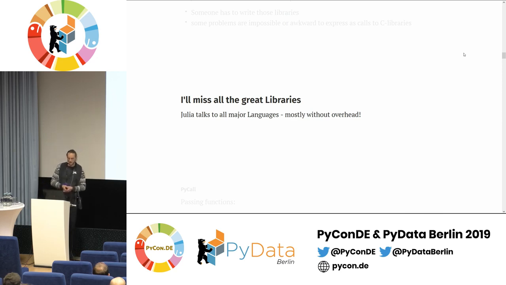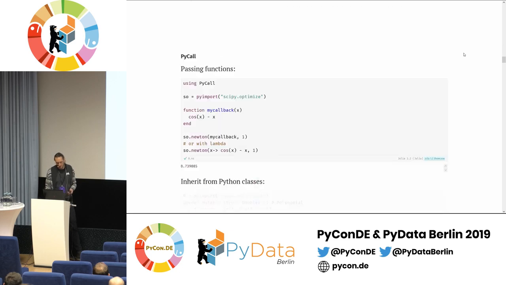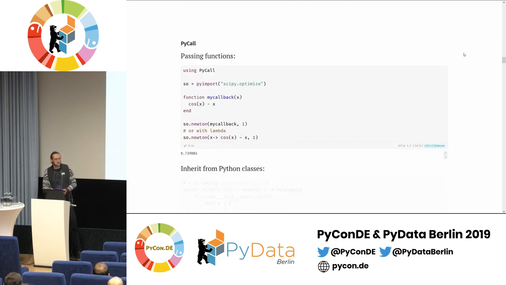Now finally, when people consider switching to Julia, they will say, well, I have all these nice libraries. But Julia actually has very nice foreign function interfaces for most major languages. And one of the best developed ones is actually PyCall, for calling Python. That's because historically the Julia and the Python communities have been working a lot together.